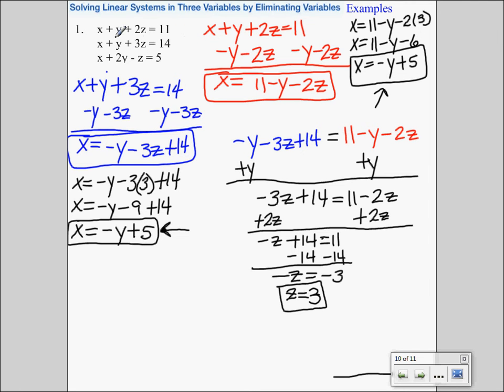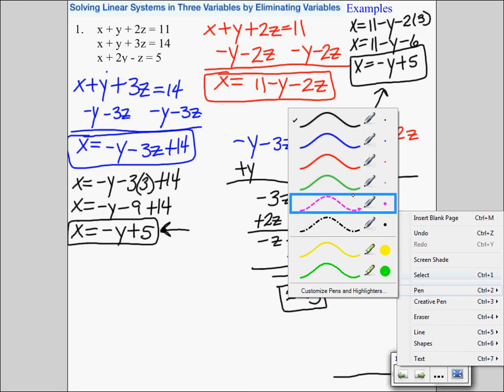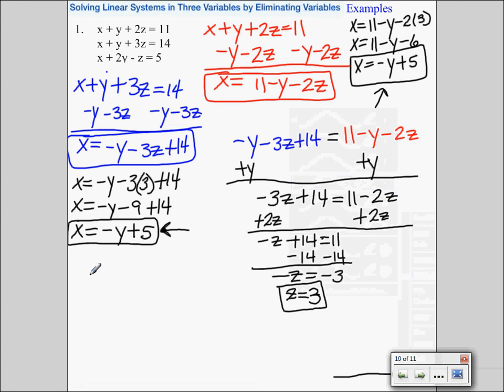So we're needing to work with this last equation. And what we need to do is to write that last equation we have not done anything with yet, the x plus 2y minus z equals 5.